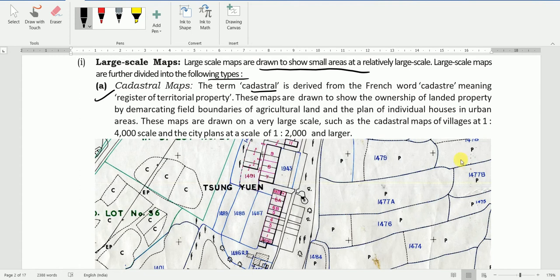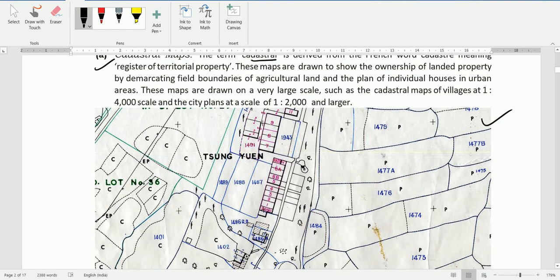See here, this map is an example of a cadastral map. This is the boundary of a person, and here we have some kind of number. This is the registration number of that particular person. In India, these numbers are also given, and we call it the pata number.